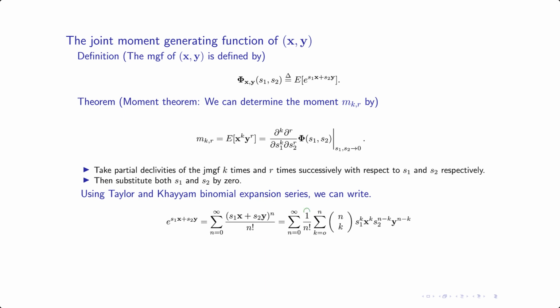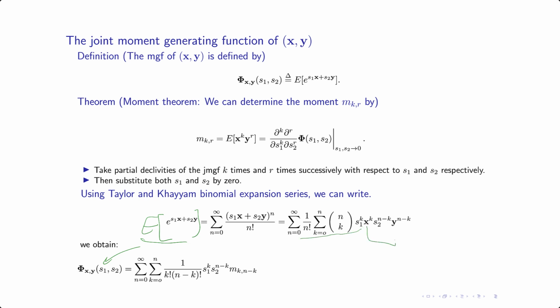Because this term is n factorial divided by k factorial and then (n minus k) factorial, and then you have 1 over n factorial, these simplify, and then you could have this expression. So if you take the expected value of this, it becomes the joint moment generating function, and these are constants.